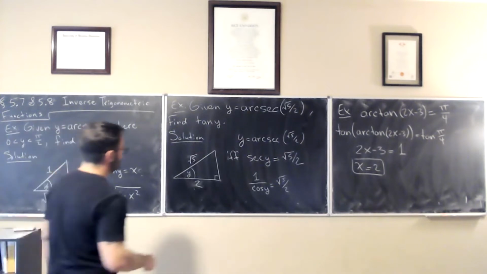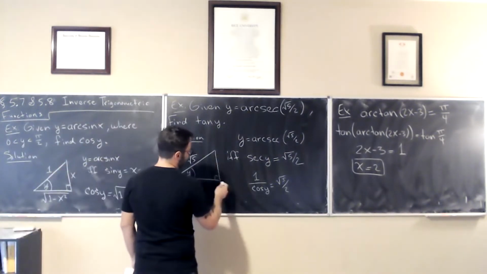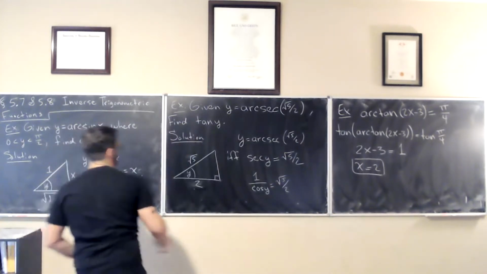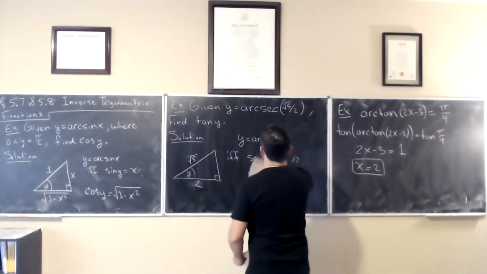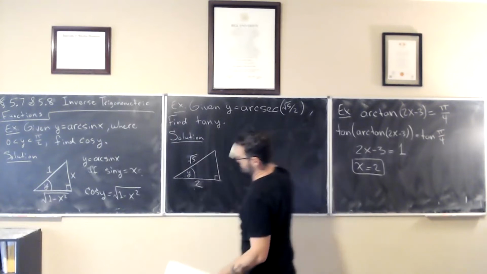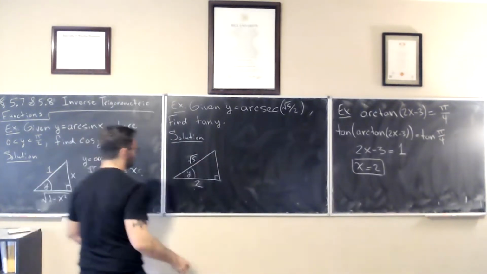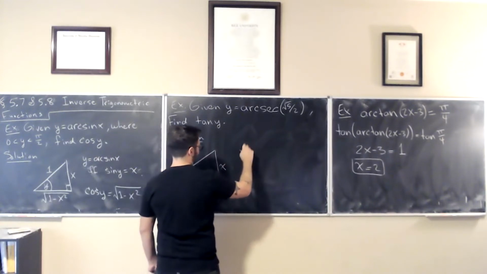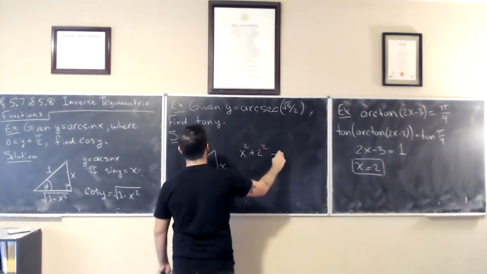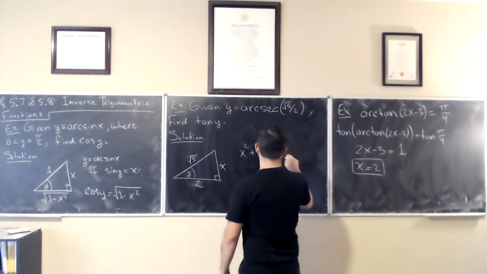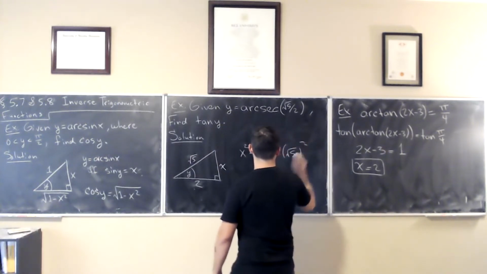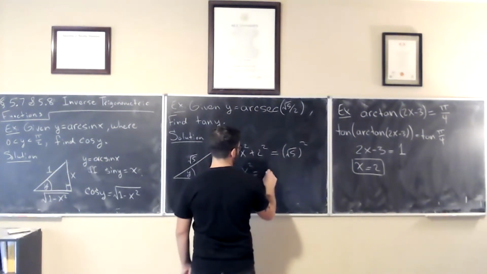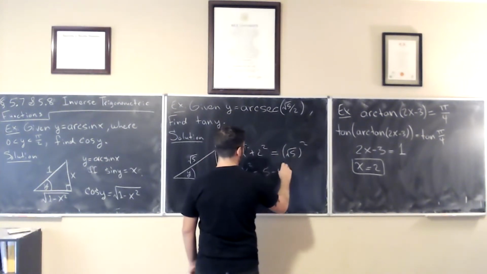Okay, so now in order to find tangent, we just need to know what that is over here. To find that, we just use the Pythagorean theorem. So what is this value? Well, I know that x squared plus 2 squared is equal to root 5 squared, which means that x squared is equal to 5 minus 4.